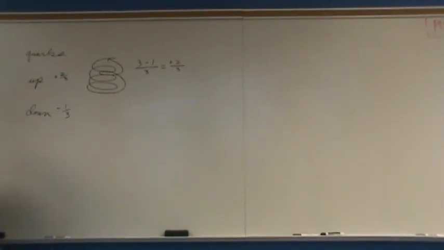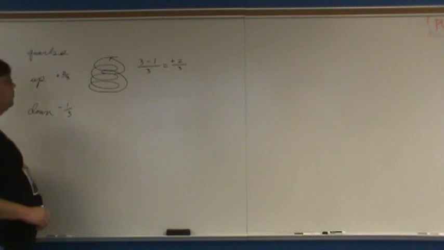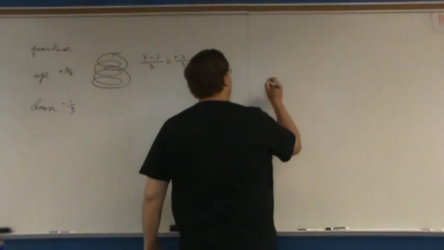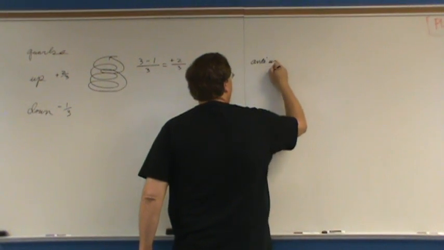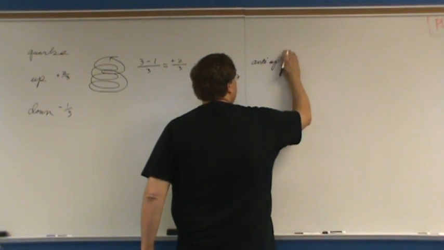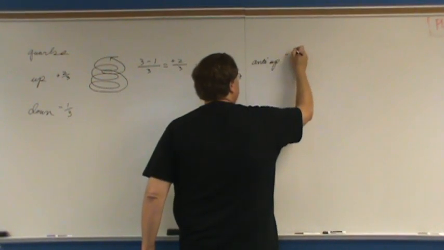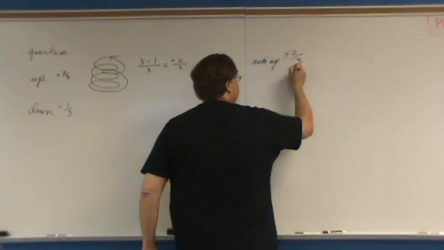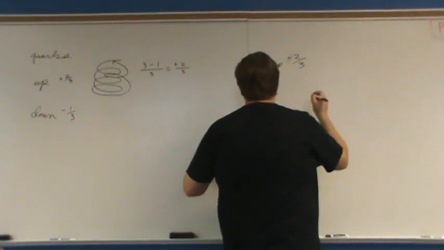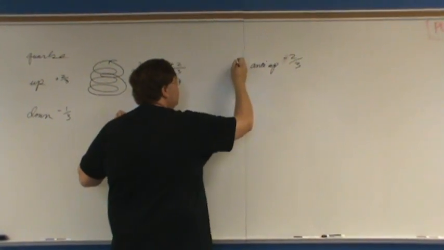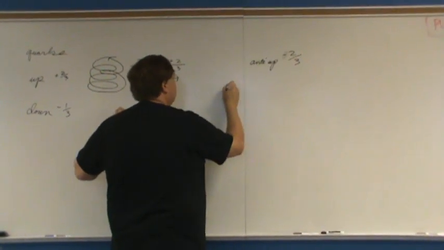Okay? If I do the opposite form, so now we're going to go to an anti-up quark. This is going to be not a positive 2/3, a negative 2/3. If we were to look at that geometry, what we should get is it should actually go like this.